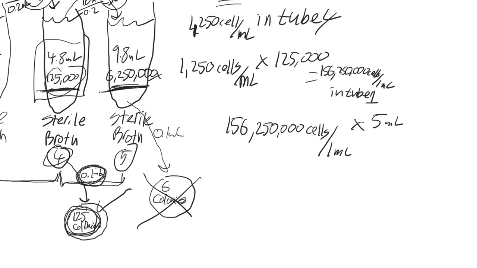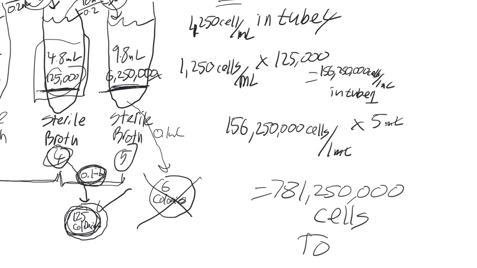Okay, so my milliliter units are going to cancel out, and I'm just going to be left with the number of cells. So the number of cells that I have in this calculation is 781,250,000 cells total. Okay, so that is basically how you work out the math.